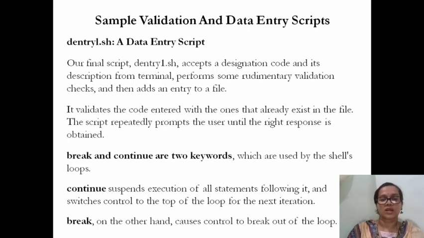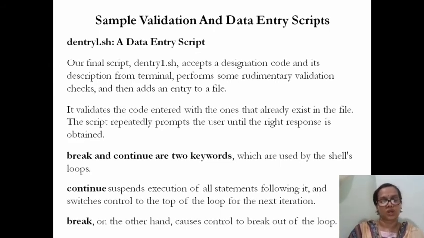Okay, break and continue are the two keywords used by the shell loops, which we have already discussed, isn't it? The continue and the break are the two statements which allow us to change the flow of control of a program. The continue will suspend the execution of all the statements following it, and it switches the control to the top of the loop for the next iteration.